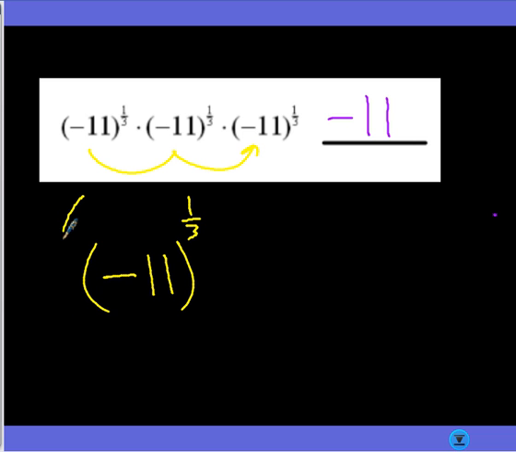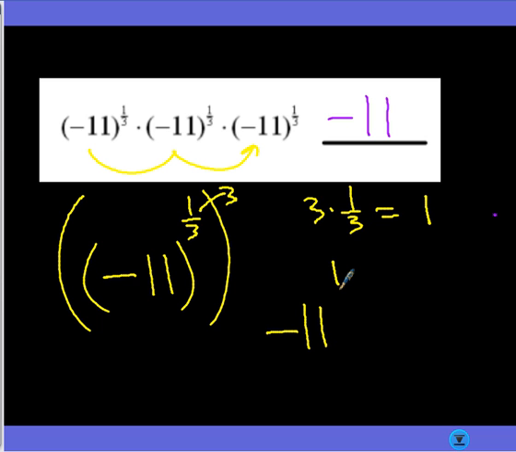So you can do it this way and say it's cubed. There's a product rule, and that's 3 times 1/3, the power to power rule, which equals 1. So then it becomes -11 to the 1. And officially, we should have it like this, but it really isn't going to matter, right? When it's to the first power, -11 to the 1 is -11.